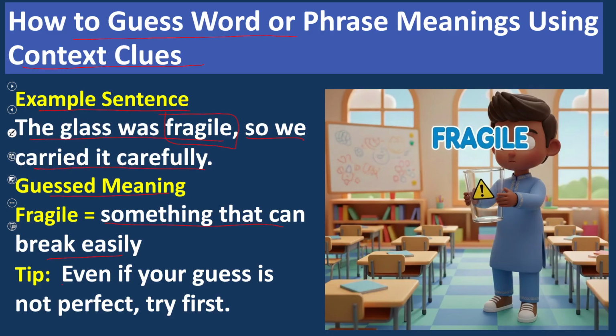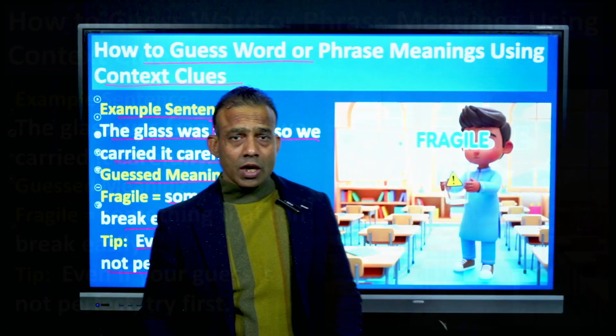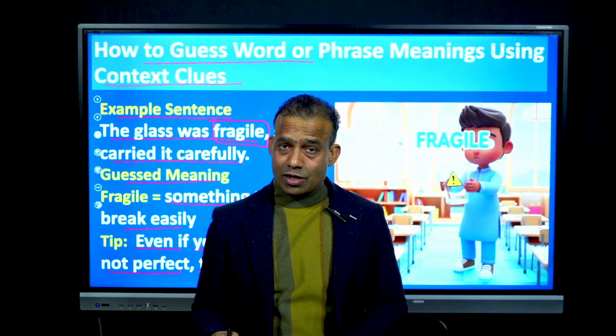Now, tip: even if your guess is not perfect, try first. Maybe your guess will not be a correct one, but you have to try first and then move to other sources. So, dear learners, move to the next slide and try to understand furthermore.